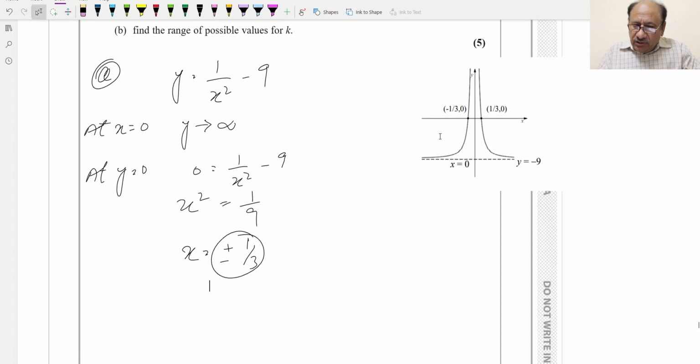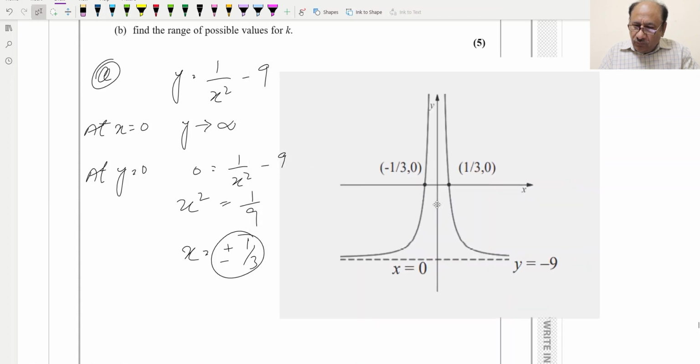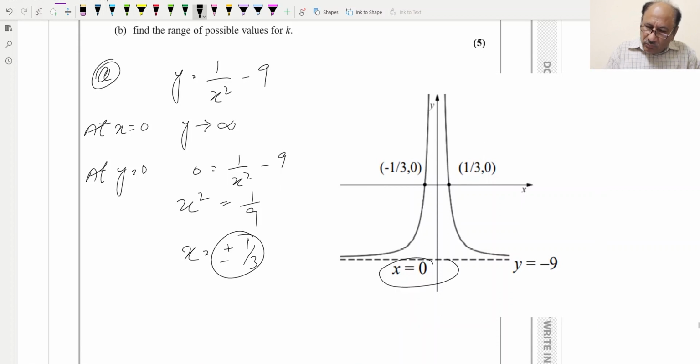If you check this graph, instead of drawing, I'm explaining from this one. Hopefully you will understand better. So this is x is equal to 0, and these are basically the y-intercepts. These are x-intercepts. This is the x-axis, and this one is the y-axis.